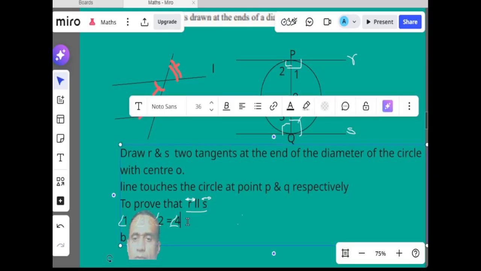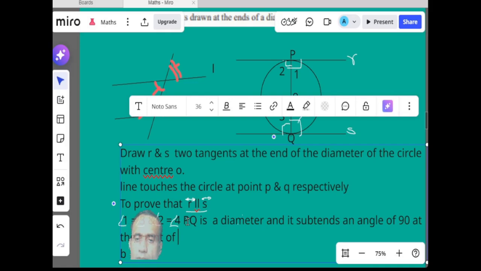Why? Because PQ is a diameter and it subtends an angle of 90 degree at the point of contact with the tangent.